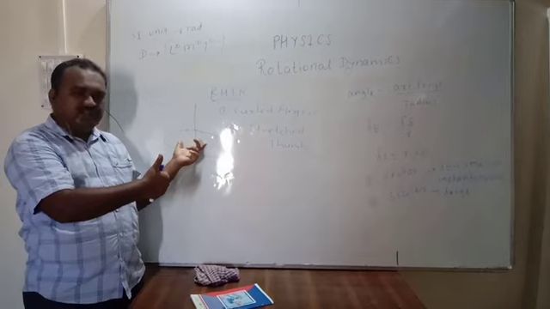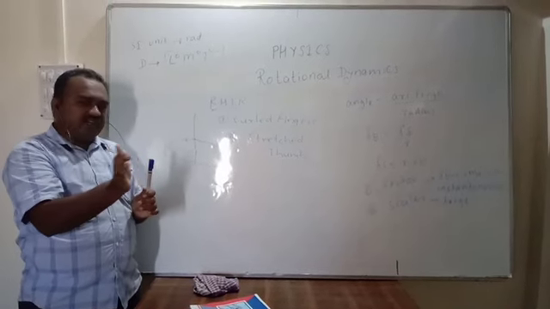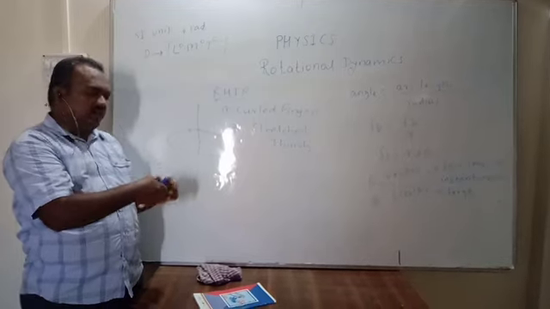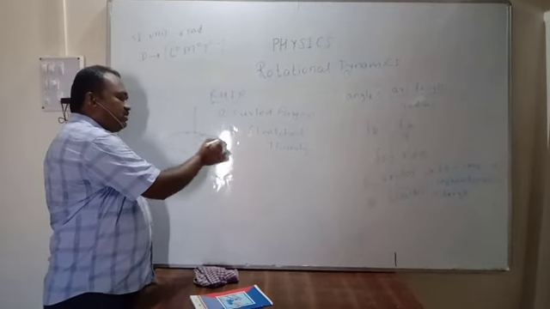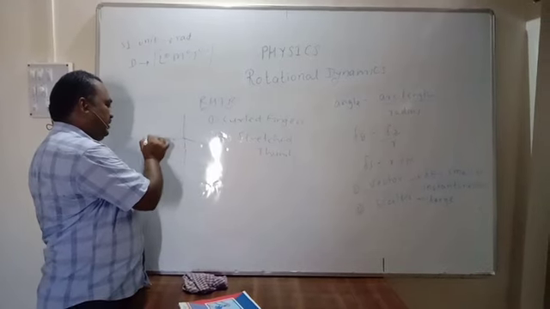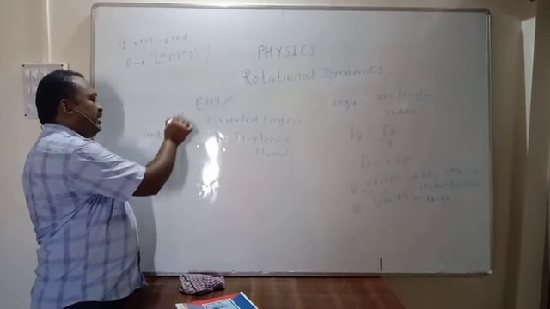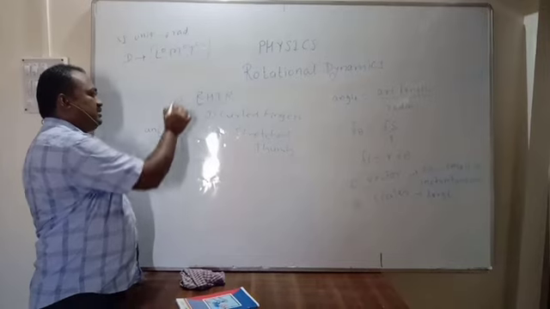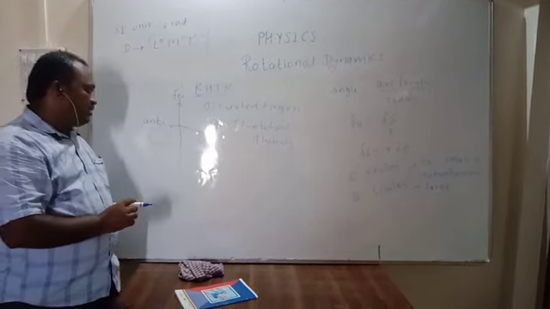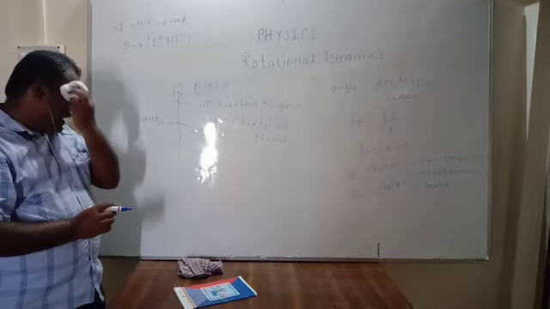Getting the point? When the curl fingers give the direction of rotation, the stretch thumb gives the direction of angular displacement. In this case, if the direction of rotation is anti-clockwise, then the direction of angular displacement is upward.